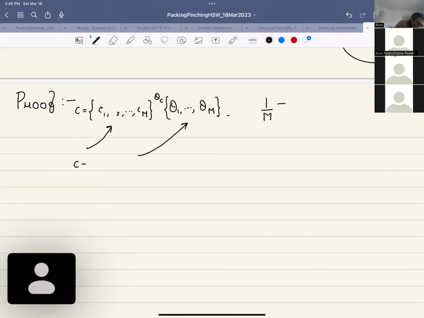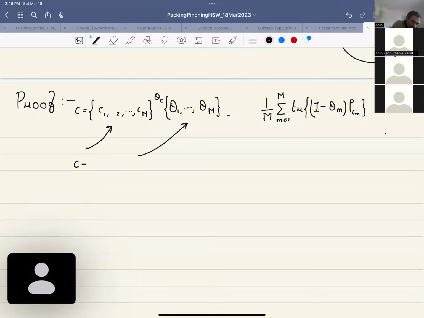That error is going to be 1 by M, sum over m equal to 1 through M, trace of I tensor n minus theta m rho cm. That's going to be the error corresponding to the choice C and the POVM theta C.